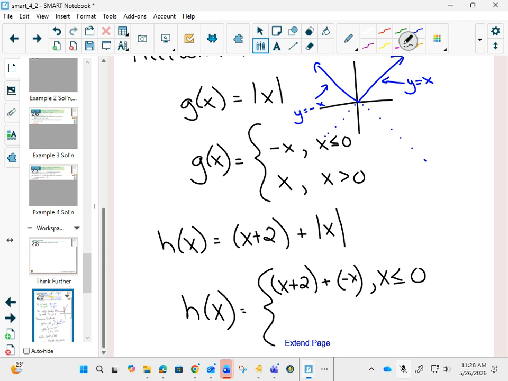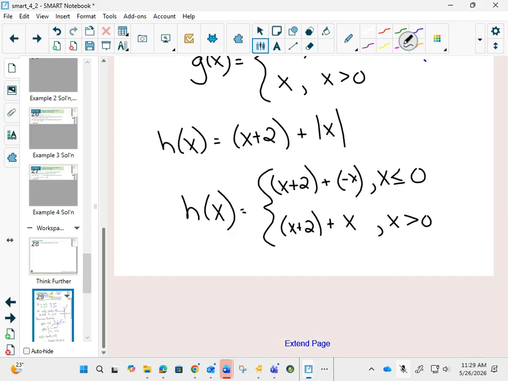And when x was bigger than 0, I'd have x plus 2 plus, when x is bigger than 0, what's the absolute value of x? It's just x. This allows me to simplify this. It's actually really beautiful what's going to happen here. What happens with the first one? It just becomes x plus a negative x, 0. It just becomes 2, which matches up with our flat line.